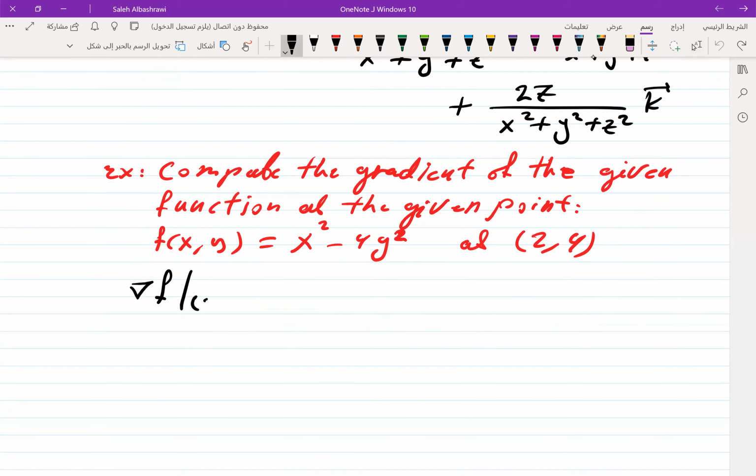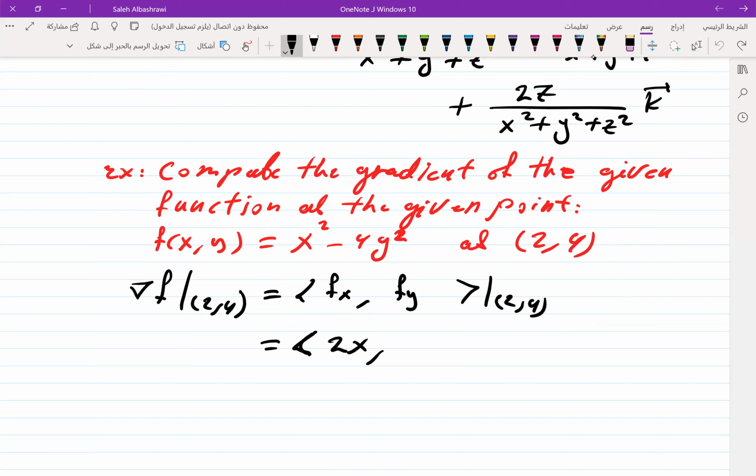at 2 and 4 is equal to, you can write it in the other form, f sub x, f sub y at the given point 2 and 4. This is the other notation of the vector. The partial derivative with respect to x is 2x.